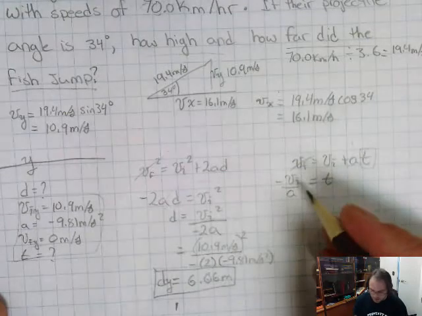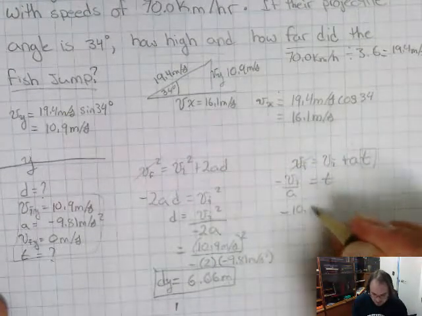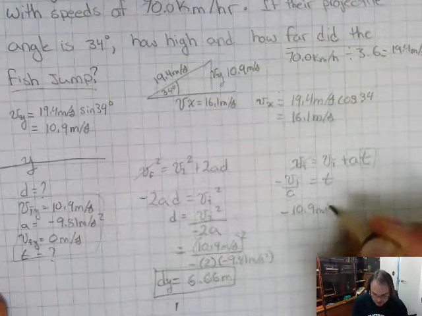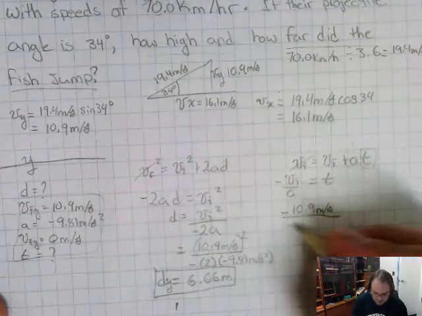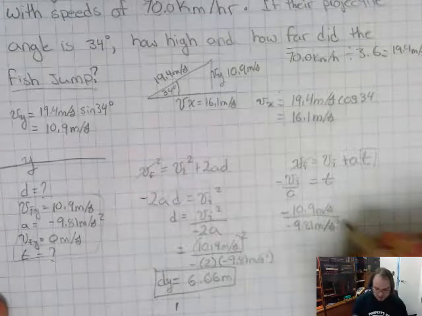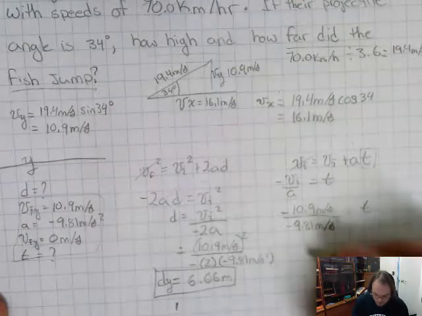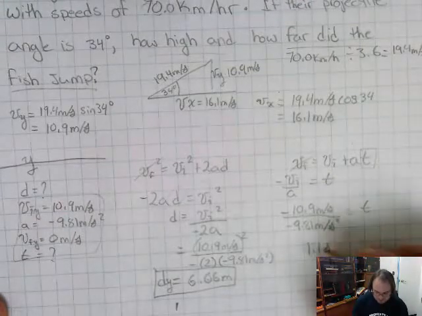So we're going to plug in our numbers here. I get negative 10.9 meters per second divided by negative 9.81 meters per second squared. This altogether is going to give me 1.1 seconds.